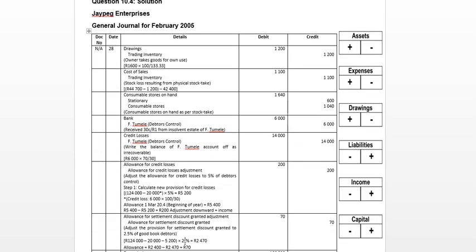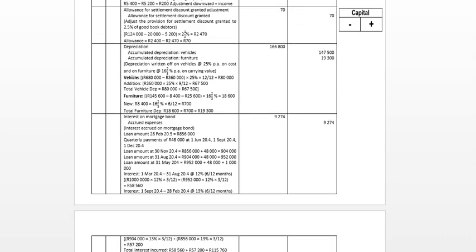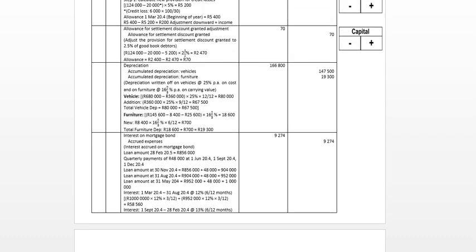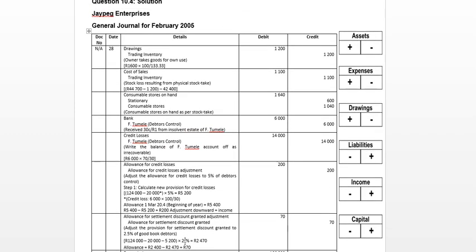So if it's an expense, and it increases, then we know we will debit our expense account. So in this example, we will debit our depreciation of 147,500 Rand, and we're going to credit our accumulated depreciation on vehicles account, which is the loss in value of our asset.